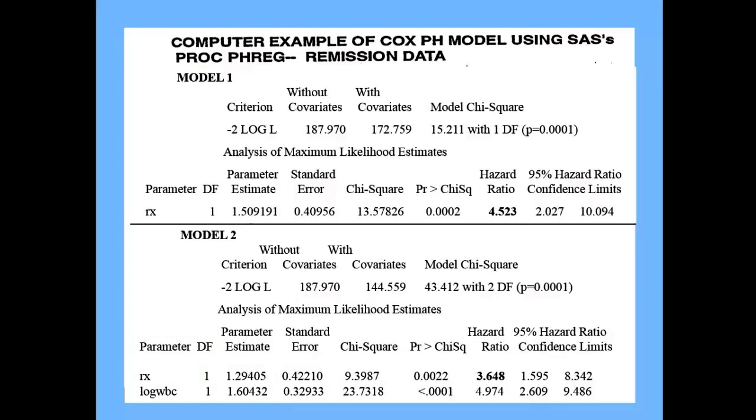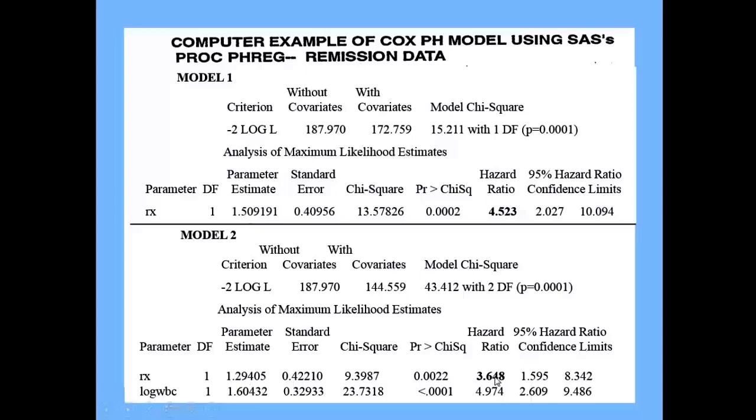And if we were looking at a no-interaction model, even if we didn't know what the formula for the Cox model looked like, it turns out that the estimate of the hazard ratio from this output is e to the beta, where beta in this case is the coefficient of the treatment variable, and it's 1.29, exponentiated is 3.648.